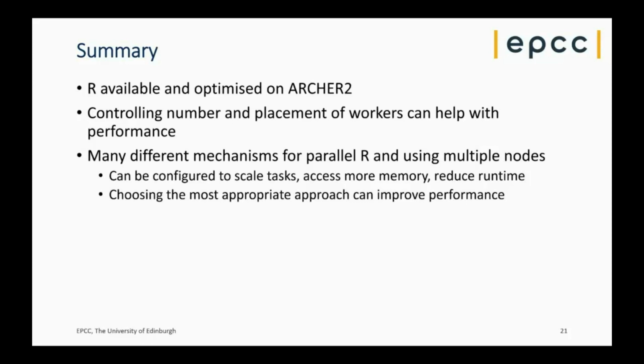We probably need to control how many workers we've got on those nodes, because using all 128 workers for quite a small matrix or quite a small array or vector is not going to give you good performance. So, unless you're going up to very large data set size, you probably want to be tuning exactly how many workers you're choosing per node, and taking it from there.